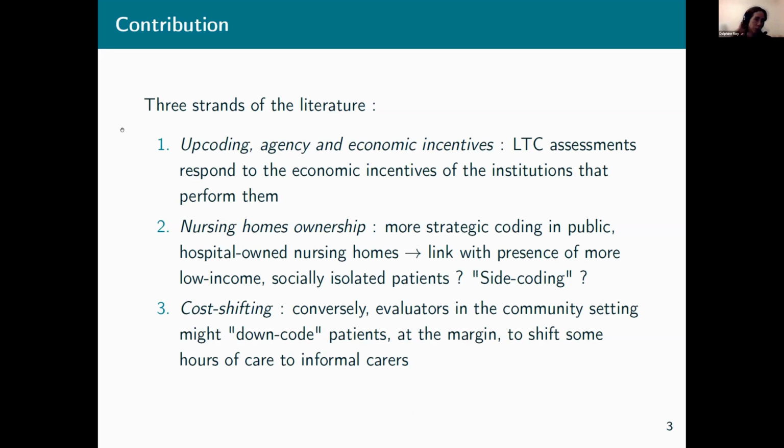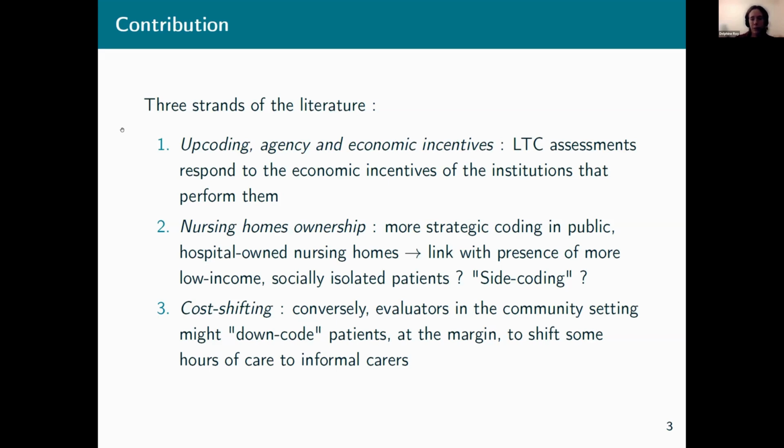To explain this, I link this result with the presence of more low-income, socially isolated patients with psychiatric conditions. So it might be considered not upcoding, but side coding or corrective coding for these patients.